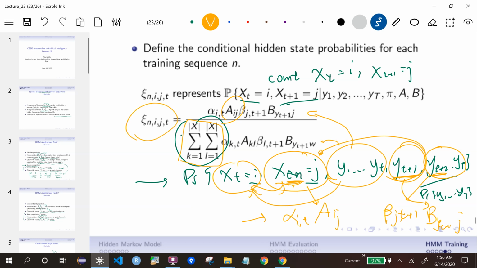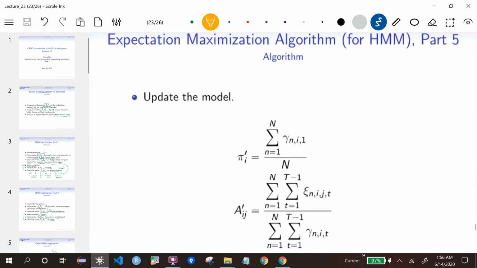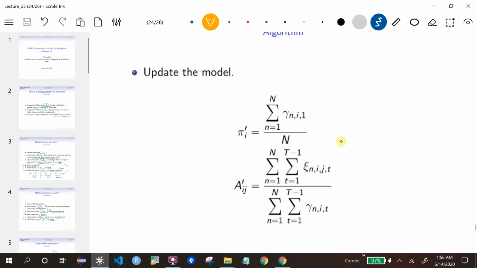And then we can get these counts, or just frequencies. So now we have everything we want. We can just do our very simple thing of dividing the number of times something happens over the total number of times. So that's exactly what we're doing here.